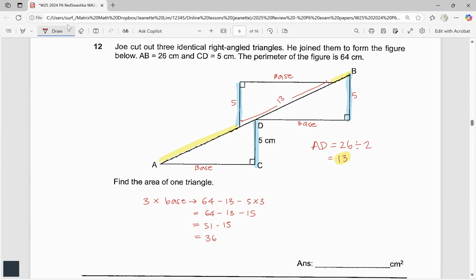Okay, so 3 times the base is 36, which means that the base will have to be 36 divided by 3. Now I can do half times base times height to get one triangle, which is 30. So 30 square centimetres. All right, so this is how you do this question.